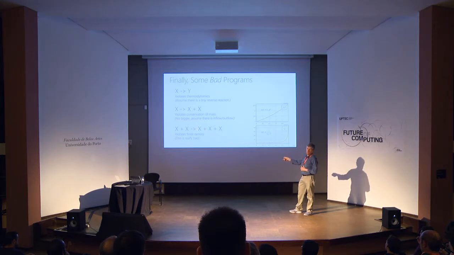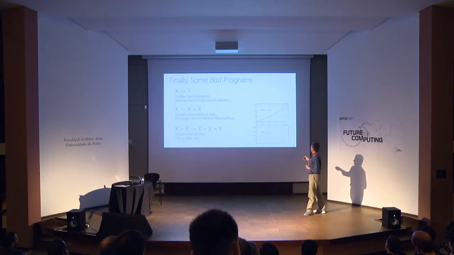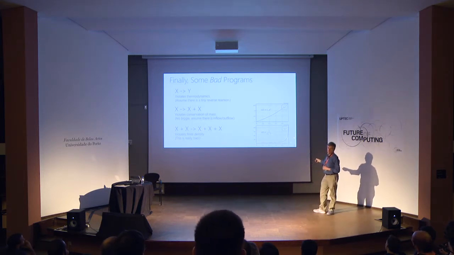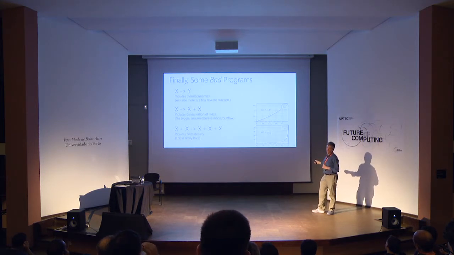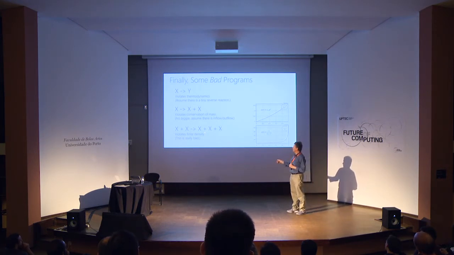This is Zeno's paradox. This program will produce infinite outcome in finite time. At time one, before time one, it reaches infinity. So this one you cannot ever hope to achieve.